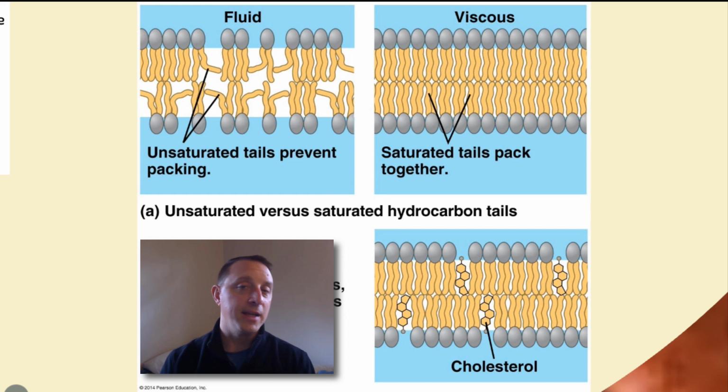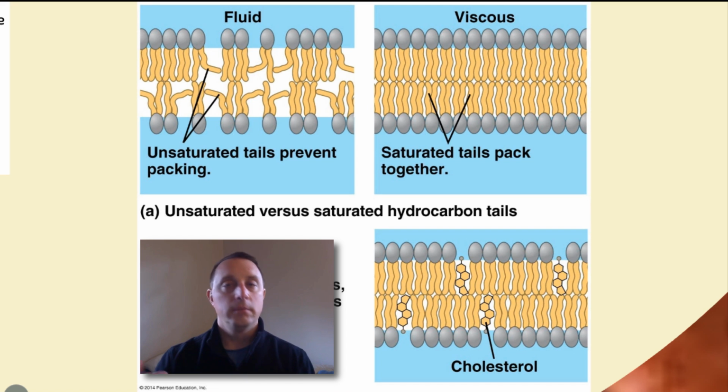If the fatty acids are saturated and they are all carbon-carbon single bonds, then the tails can pack nice and tight together. So this is very important for organisms that have evolved to live at colder temperatures.